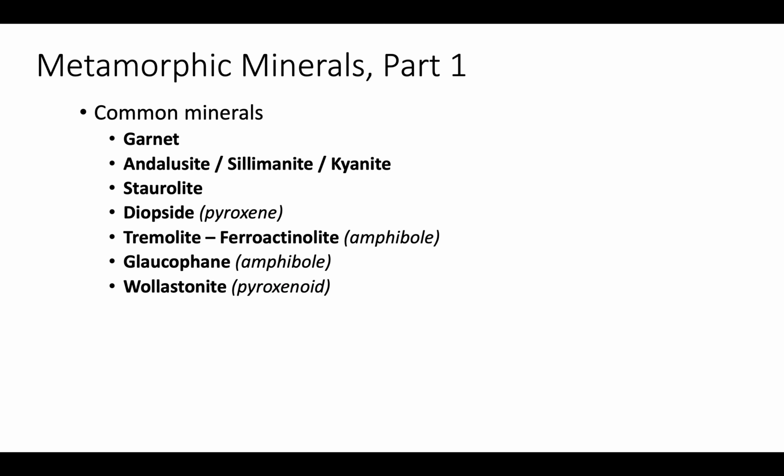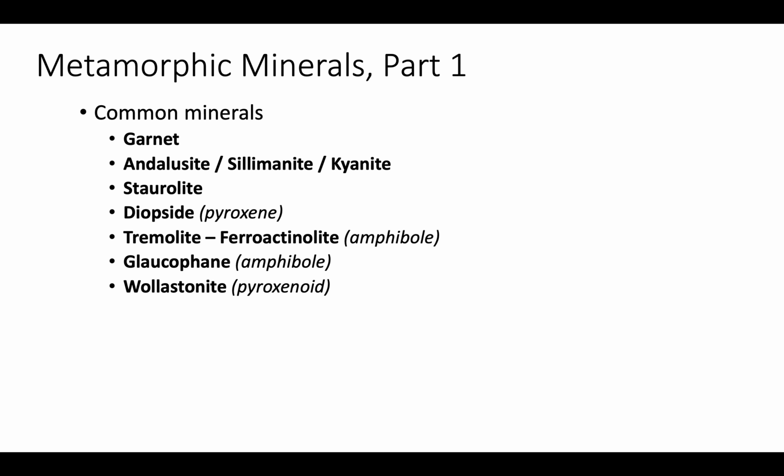The minerals we're going to be talking about in this part are this list here. We're going to talk about garnet. We'll talk about andalusite, sillimanite, and kyanite, and why those go along with each other as a little threesome. Staurolite, and then some minerals that are part of groups we've already seen, but this specific mineral member we maybe have not.